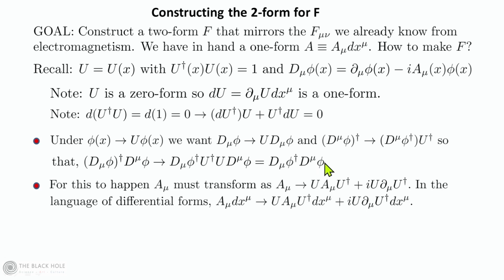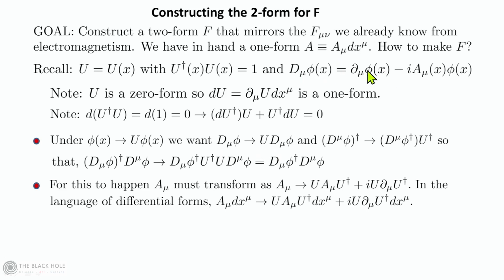But A has to transform, and this will be true only if A_μ transforms like this. Now, it's a matter of actually doing a calculation by hand, and it takes 5 minutes. So in other words, you make φ go to Uφ, you make this D_μ, which is up over here.